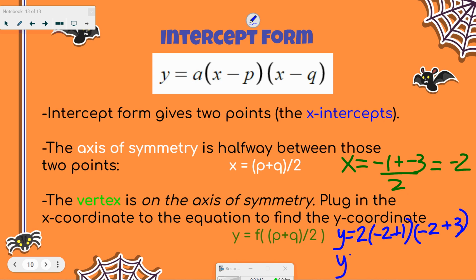So this would have given us 2 times -1 times 1, which ends up with the y value of -2. So does that make sense, based off of what our graph looked like? Yeah, that's where we got our vertex at that point. So always go back to that foundation. If you want to find a y, use the x, plug it back in.